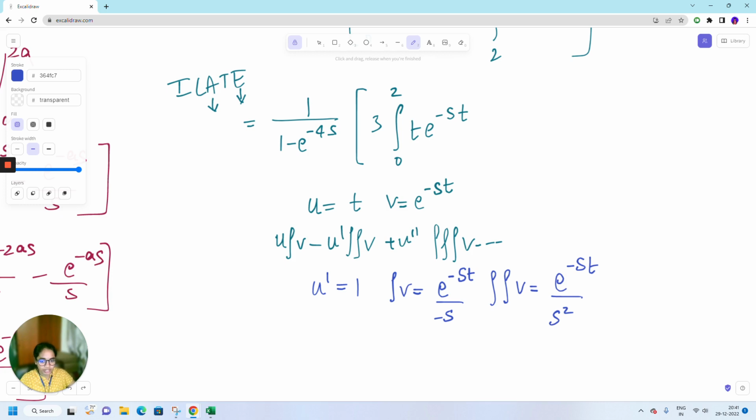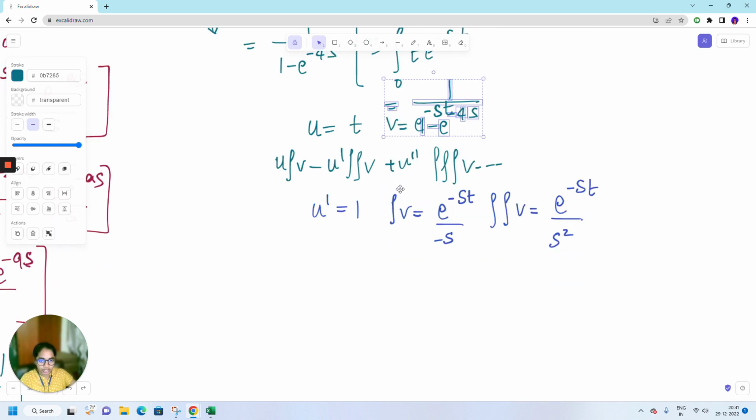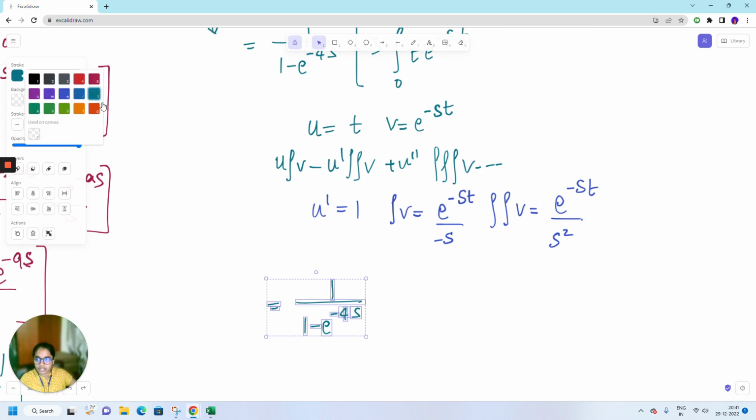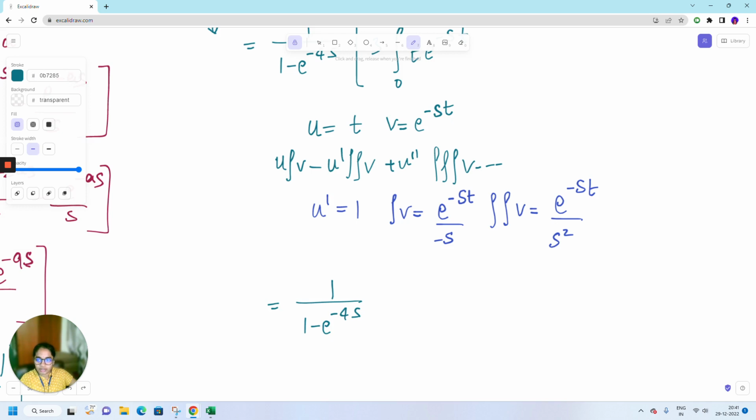Okay, as you can see, if you have u dash, you would have to integrate it twice. Let me substitute the values in this formula. So what would happen to our first integral? For the first integral, I would have to substitute 3 in place of u, t, integration of v, right? u integration of v.